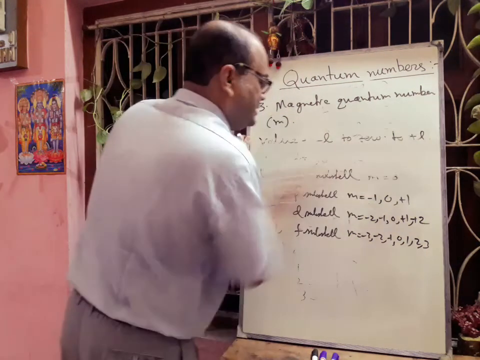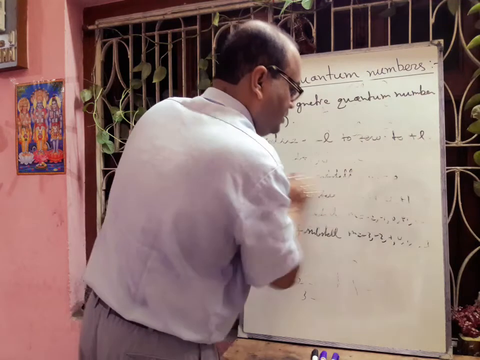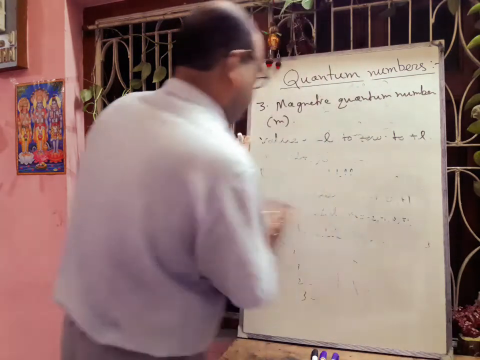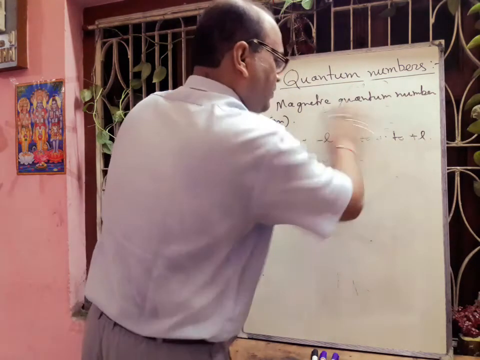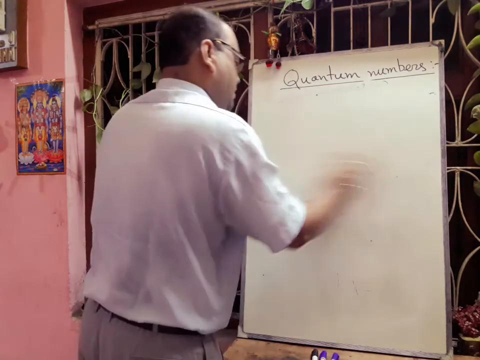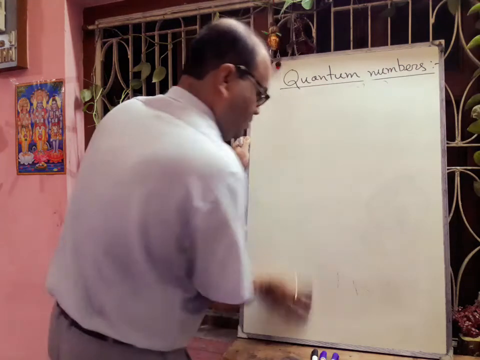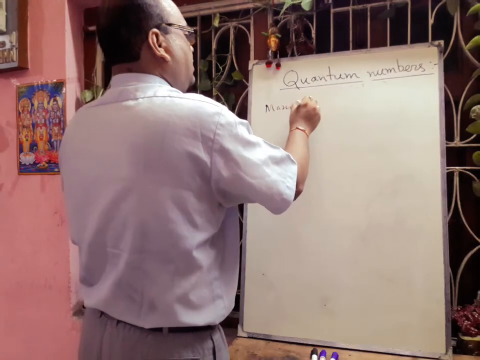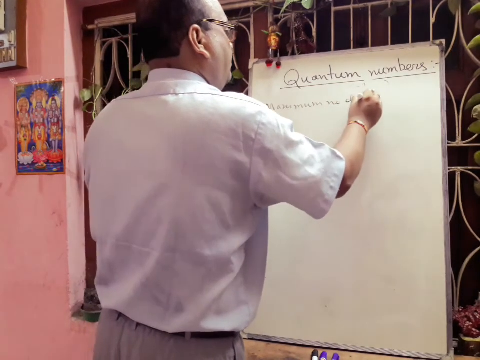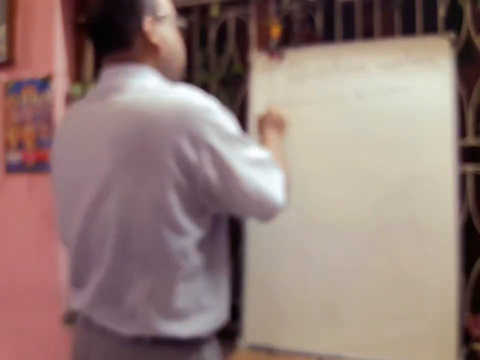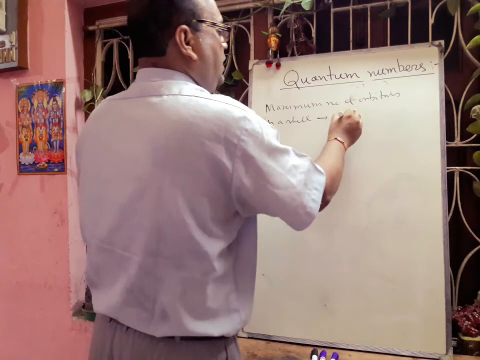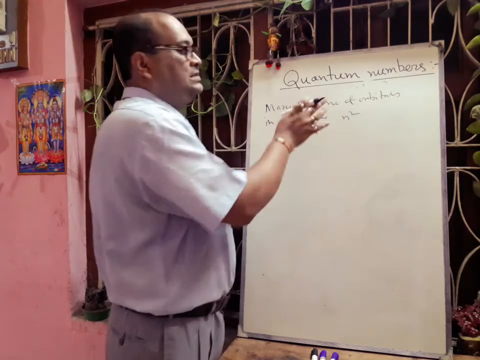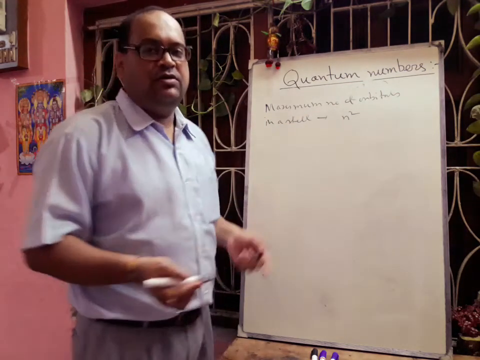Maximum number of orbitals in a shell, that will be n square, and the maximum number of electrons will be 2n square.